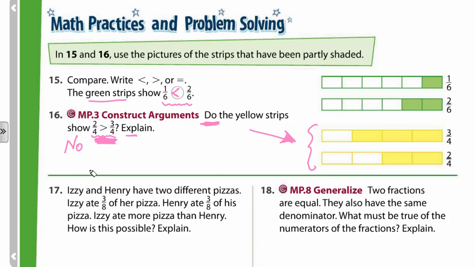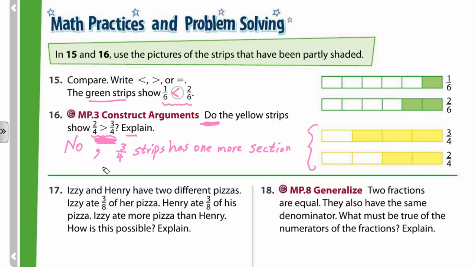2/4 is not greater than 3/4, right? No. And we'll say the answer because 3/4 straps has one more section shaded. We have one more section shaded here. I mean by the section, these parts, the rectangles.